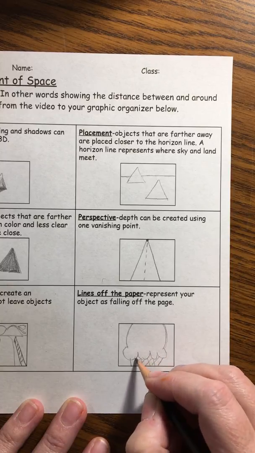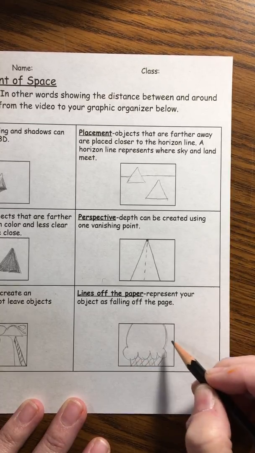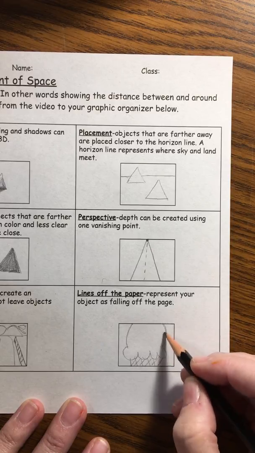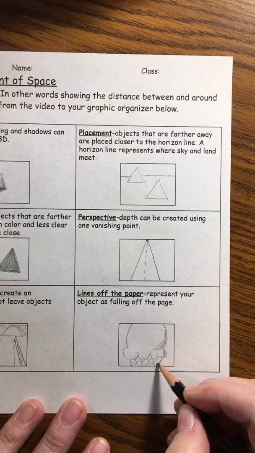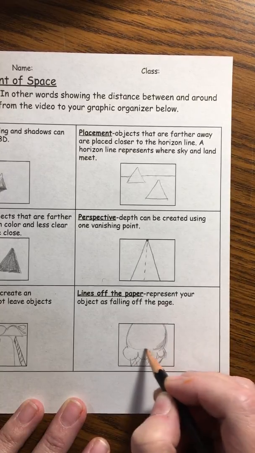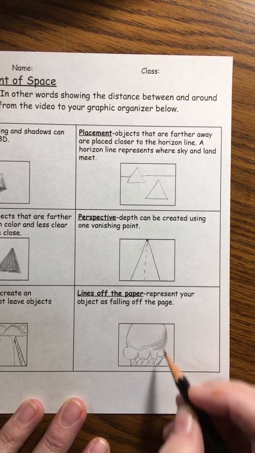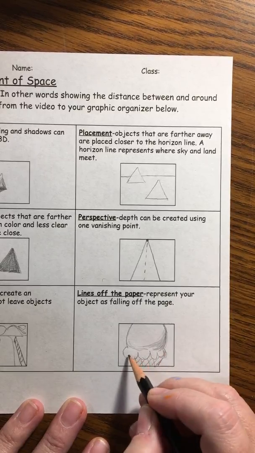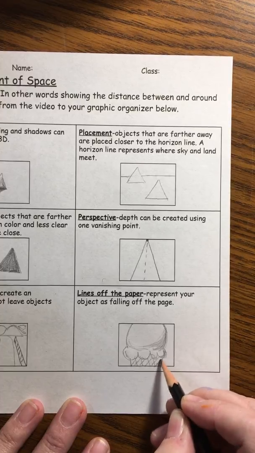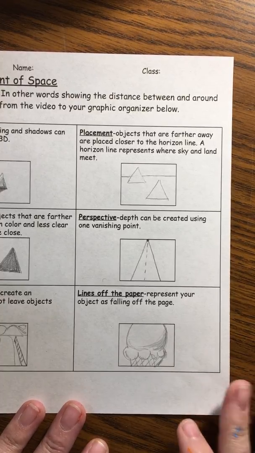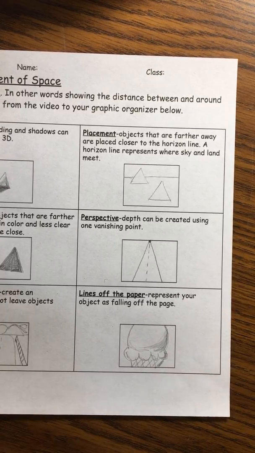So here's my ice cream cone. And this again creates the illusion of depth. And then I could go back and add some shading. Just adding a little bit. Helps it appear more realistic, more 3D, more depth or space, which is what we're talking about.